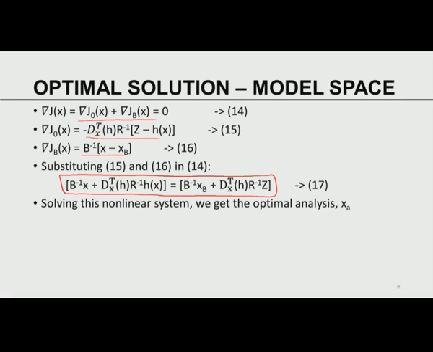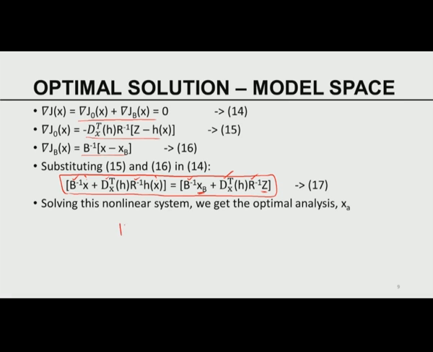Now look at this. The right hand side involves xb, z, B, Jacobian of h, and R, everybody is known. On the left hand side, B is known, R inverse is known, Jacobian of h is known, x I do not know, x I do not know.